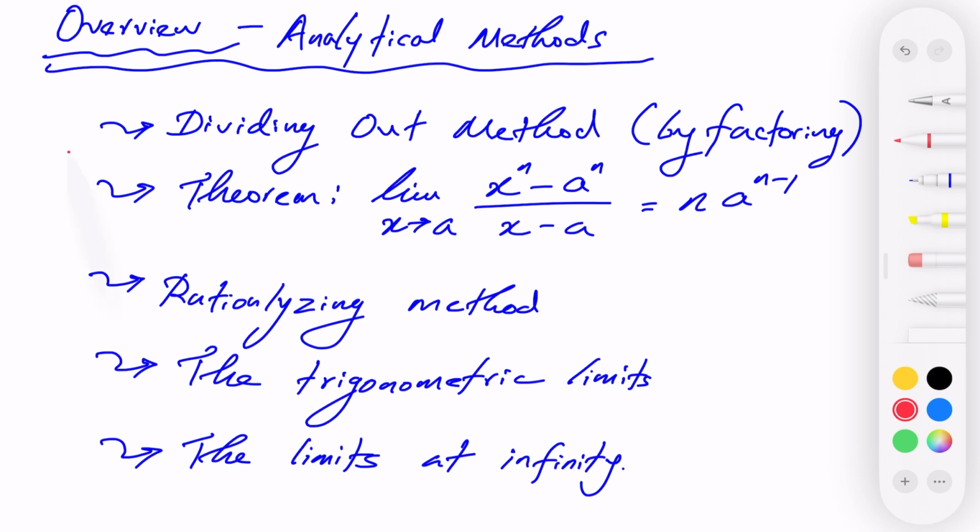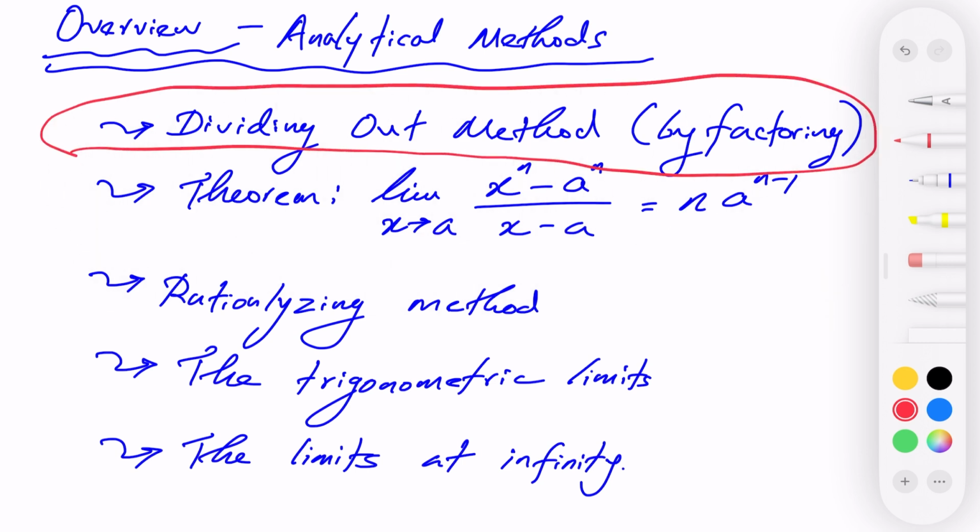Today, our plan is to work on the dividing out method, or the method of evaluating limits by factoring. Before discussing any of those methods, I just need to revisit the basic idea of limits. We have three possible forms of limits. We can have the limit as x approaches a from the left-hand side of f of x.